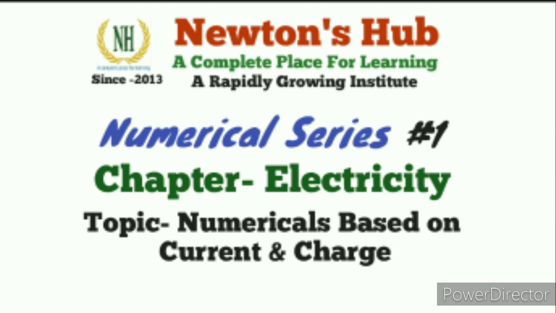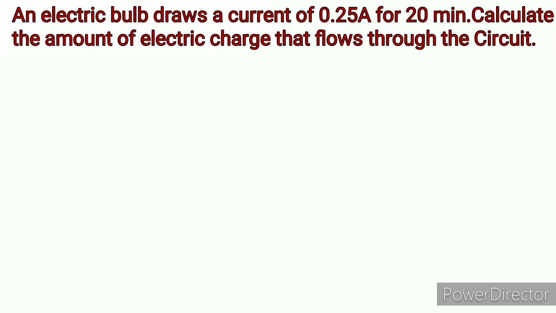Today's video is based upon current and charge. So guys, the first question is: an electric bulb draws a current of 0.25 ampere for 20 minutes. Calculate the amount of electric charge that flows through the circuit. The value of current and the time is given in the question, and we have to find the amount of charge. First of all we note the value of current and time.